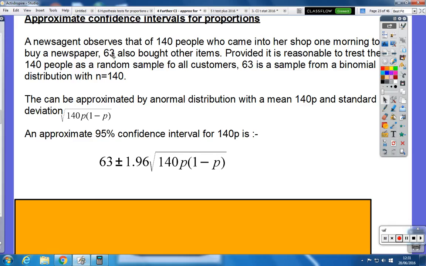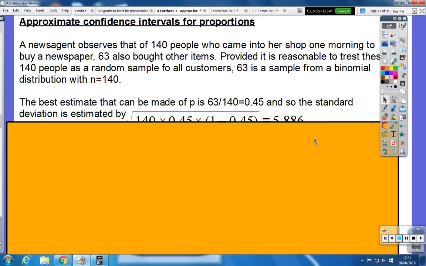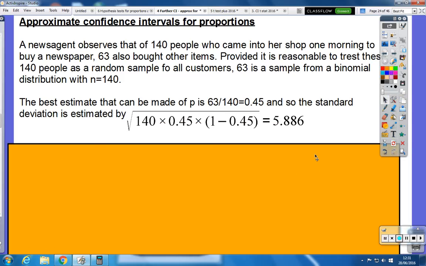So 63 over 140 is our proportion of what we've observed. So 63 over 140 times 140 is 63. So we've observed 63 people. 1.96 is the 95% for z, and then we're just going to use this with p as 63 over 140, which gives you that. Okay.